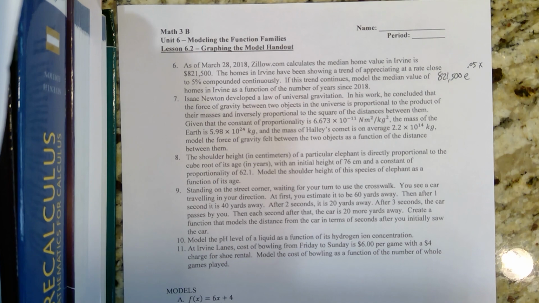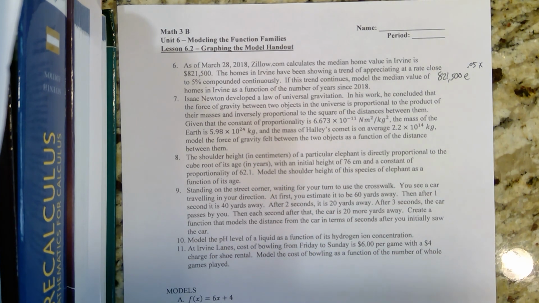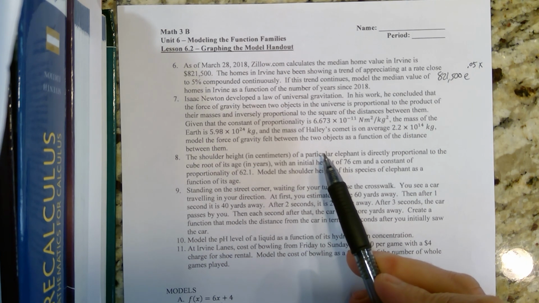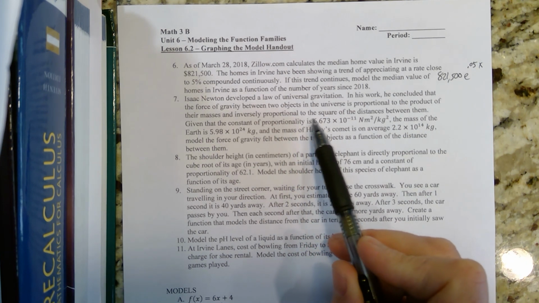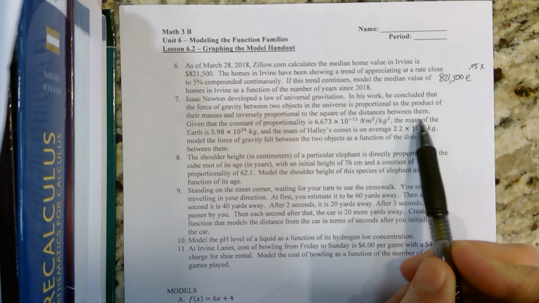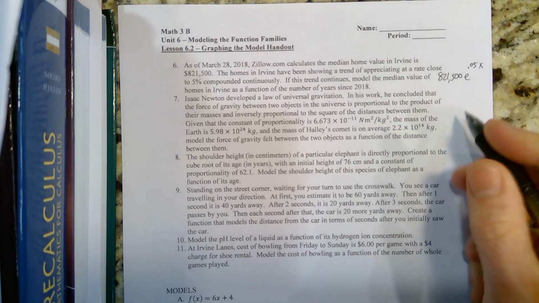Okay, next one's pretty long. Reading through that, you got a lot of numbers going on there. Some of the key words: proportional to the square of the distances between them. Okay, so that tells me my denominator is going to be the square of the distance between them.